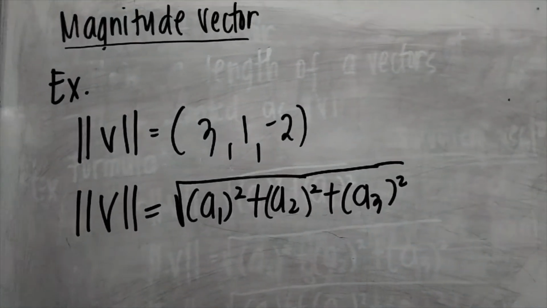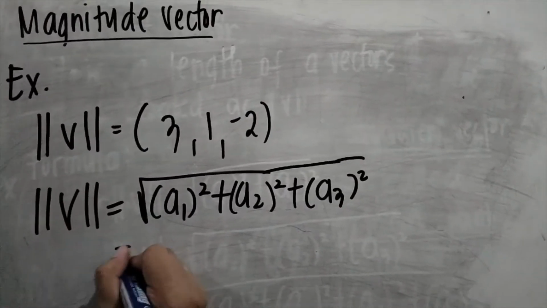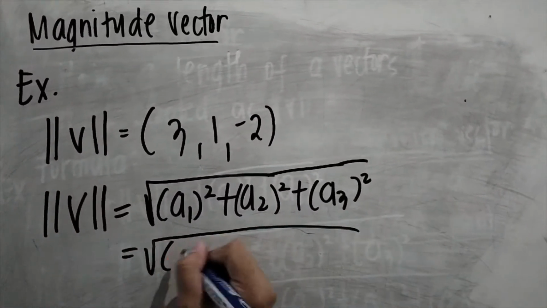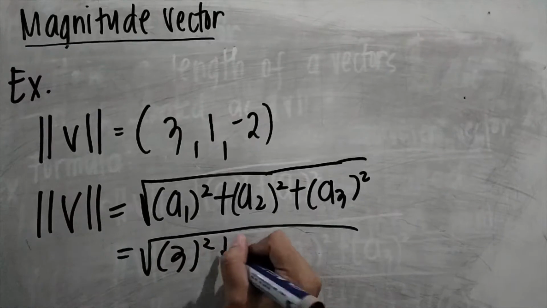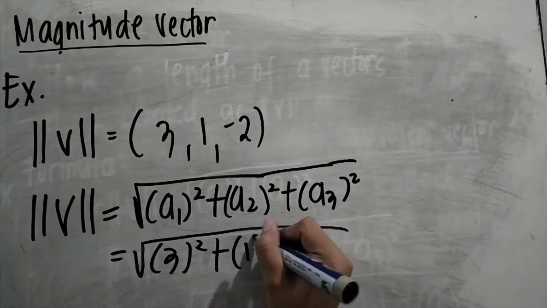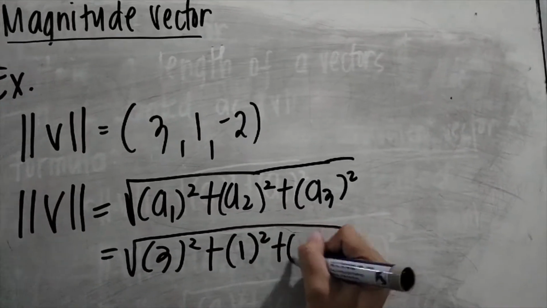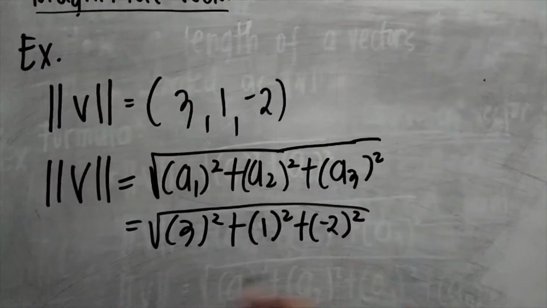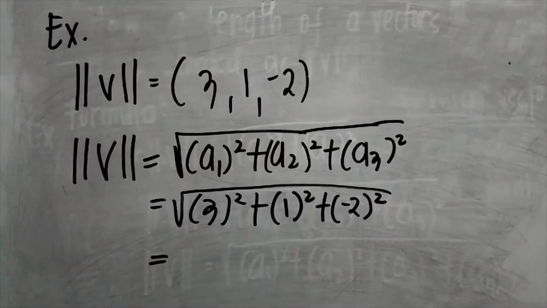So, i-substitute lang natin siya. So, 3 squared plus 1 squared plus negative 2 squared. So, yan. I-simplify na natin.